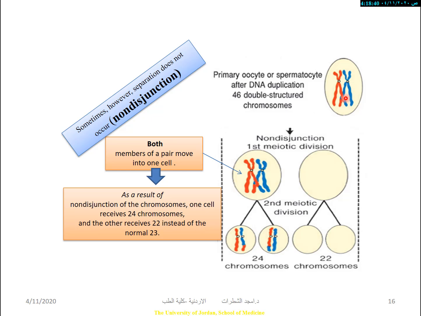Inside each follicle is an oocyte that has initiated meiosis 1 and was arrested in prophase 1, the diplotene stage, and it will stay there until puberty. So chromosomes stay in this position for at least 14 years.